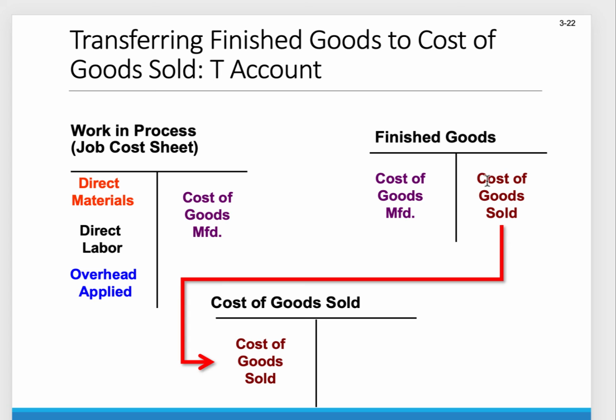How do we get them out of finished goods into the cost of goods sold account? Well, we obviously have to hit the right side of the finished goods, which is a credit, and we have to debit our cost of goods sold.